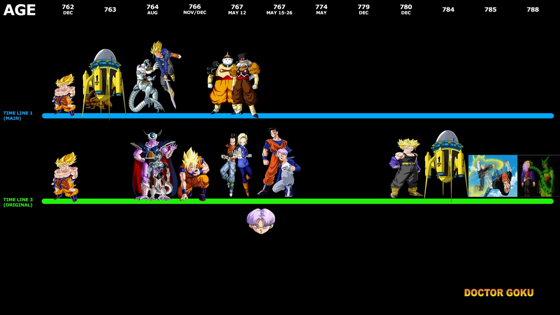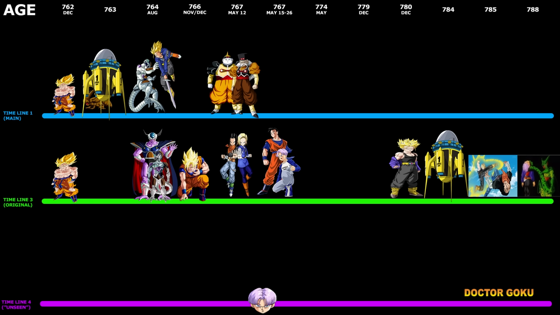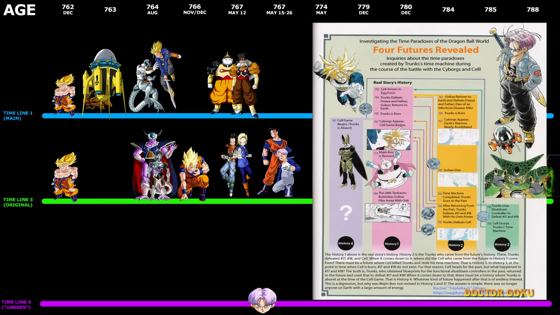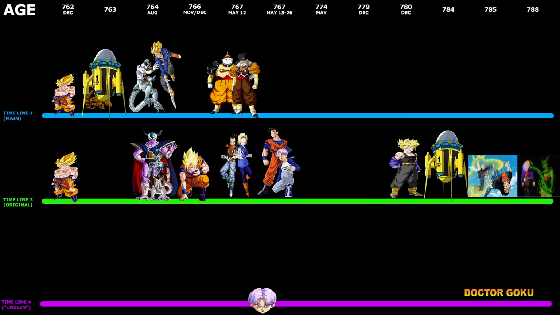This second paradox has now caused the timeline to be split into Timeline 1 and into Timeline 4, also known as the Unseen Timeline. But the problem with the Unseen Timeline is that in the Daizenshu 7, it states that the Cell games began without Trunks. Now, if we strictly abide to the Daizenshu 7, then there is a Cell games without Trunks.